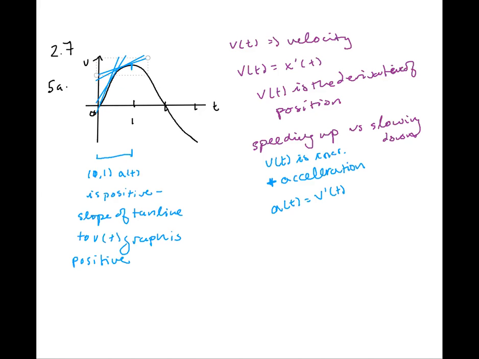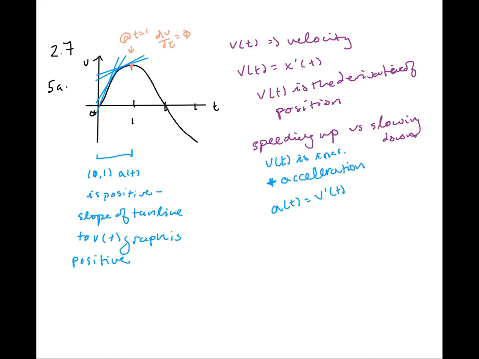And the point at which the slope is equal to 0 is at t equals 1, dv dt is equal to 0. Right? Okay. So at all other points, the acceleration is going to be negative.